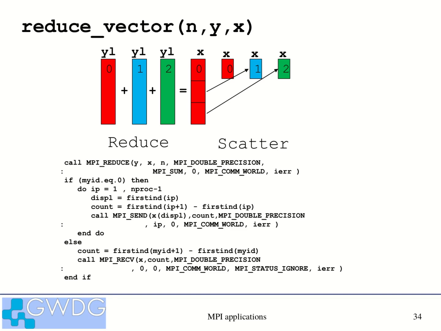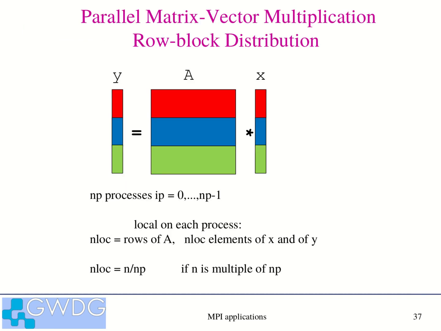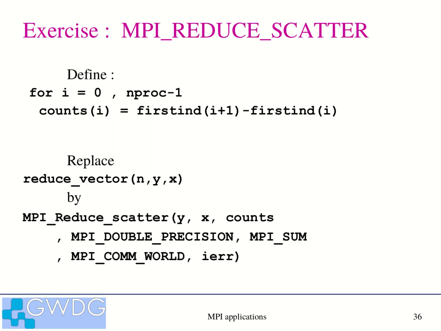You can just replace them by one call to MPI_Reduce_scatter, where you include the counts. Then automatically the corresponding parts of the reduced value of y will be put in the correct places in the local input parts.